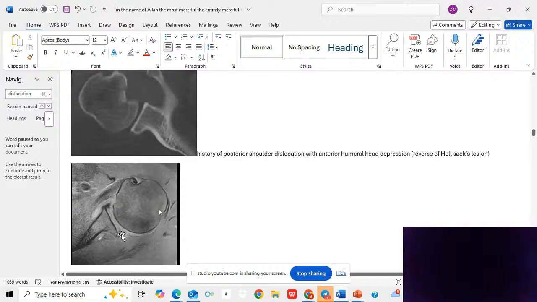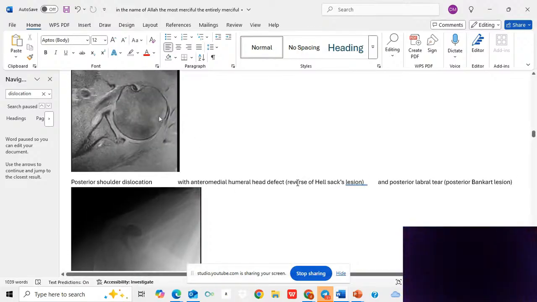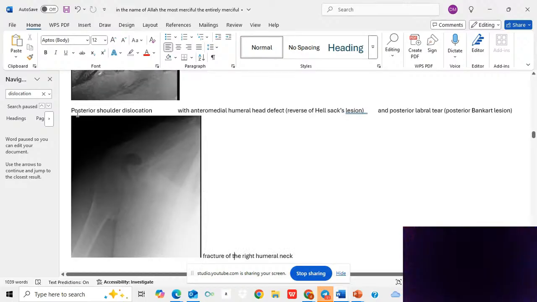Actually now it's called posterior Bankart or anterior Bankart. No reverse, okay? So here there is a posterior Bankart lesion with anteromedial humeral head defect, reverse of Hill-Sachs lesion, and posterior labrum tear, posterior Bankart lesion, but there is no posterior shoulder dislocation here. It's treated now.